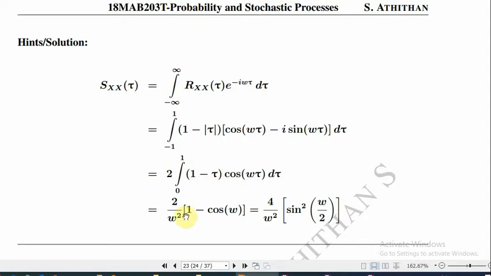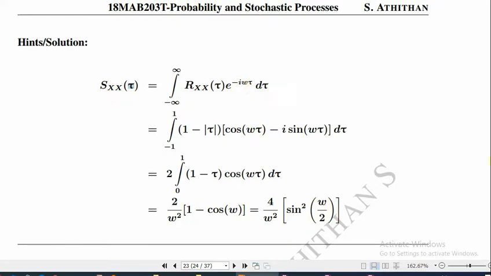Then we get 2 by omega square into 1 minus cos omega. 1 minus cos omega can be written as 2 sin square omega by 2, so that 2 is multiplied here. So Sxx of omega equals the integral of Rxx of tau into e power minus i omega tau, and we have found the Fourier transform.